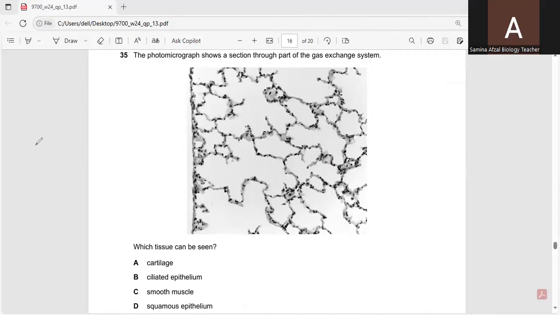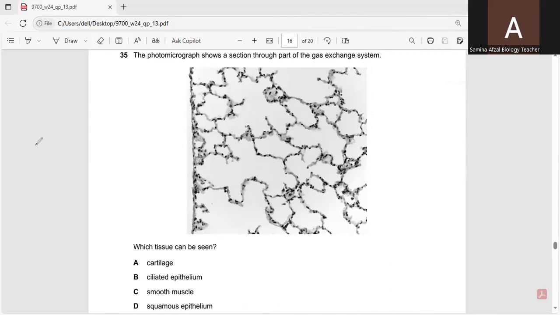Now the question is which type of tissue can be seen. So here, is it cartilage, ciliated epithelium, smooth muscle, or squamous epithelial? So this is the alveolus. In the alveolus there is no cartilage over here, because gas has to be exchanged.